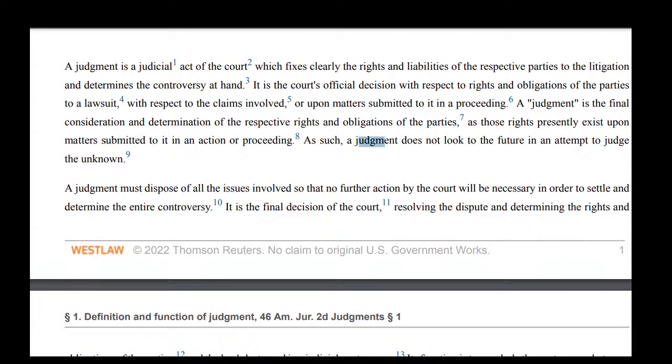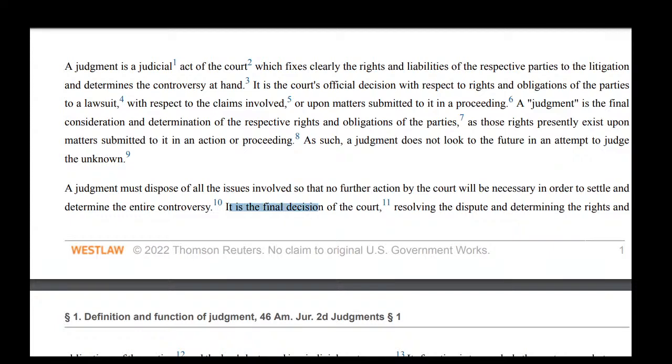As such, a judgment does not look to the future in an attempt to judge the unknown. That's the only thing a judgment looks to. A judgment must dispose of all the issues involved so that no further action by the court will be necessary in order to settle and determine the entire controversy.